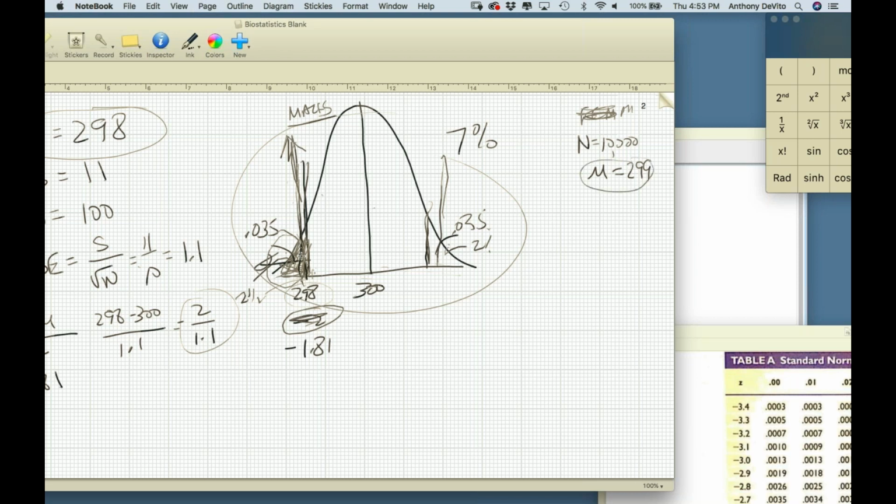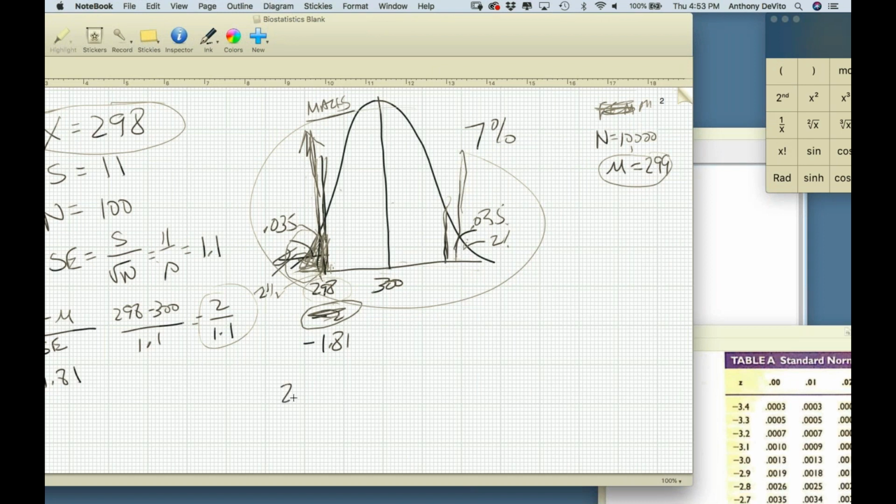Okay, the mean for females is 299. The best I can tell you about the mean for males is, remember what it was for the 95% confidence interval? It was 295.8, and then it was 300.2, right?